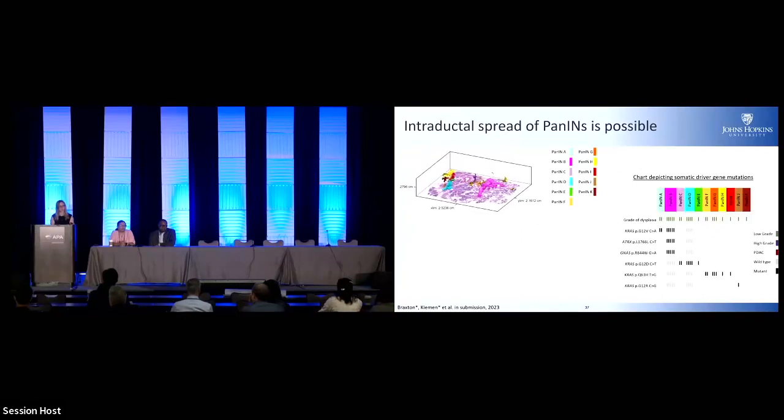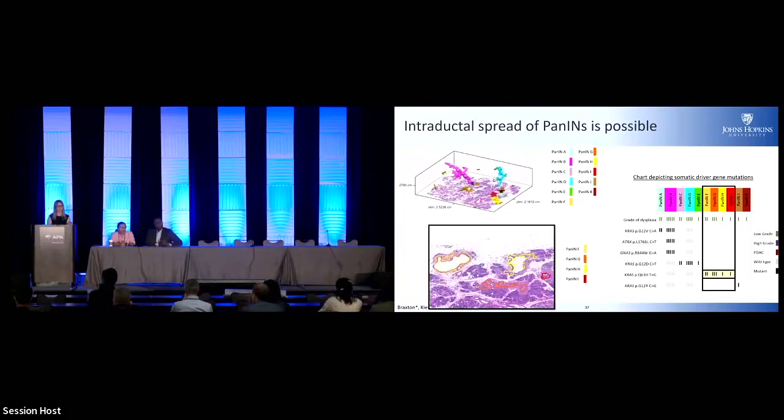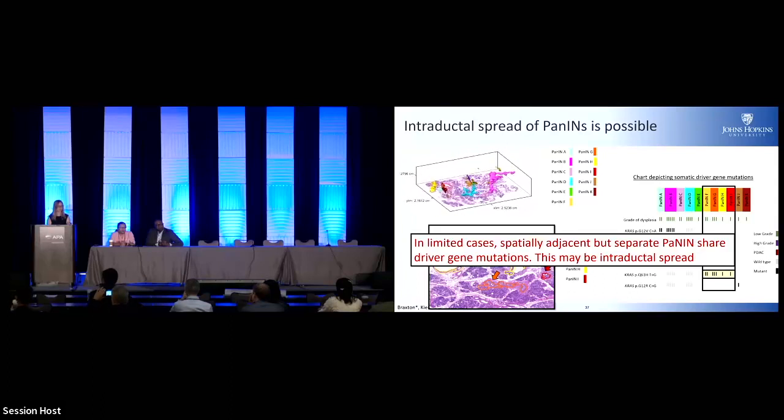Second, while most Pannin had independent mutations, we did find cases of spatially adjacent Pannin containing the same mutation. So I also want to note that this mutation, Q61H, is highly uncommon in Pannin, so it's unlikely that this was a coincidence that these all developed independently and just happened to be close by.